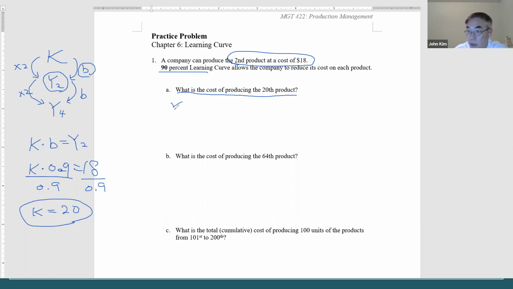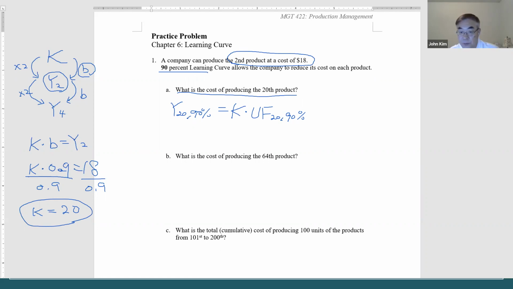So what is the cost of producing the 20th product or unit? So this one is Y 20 at 90%. That will be K times unit factor 20th at 90%. So we know K is 20, and then we can find unit factor 20 at 90% from the chart.